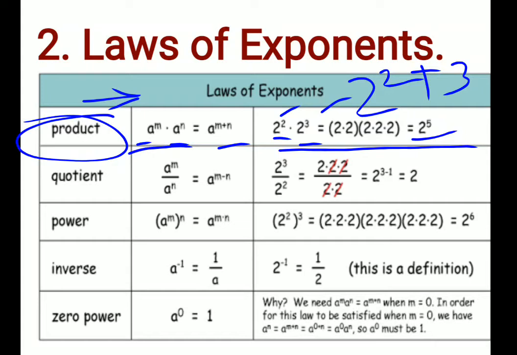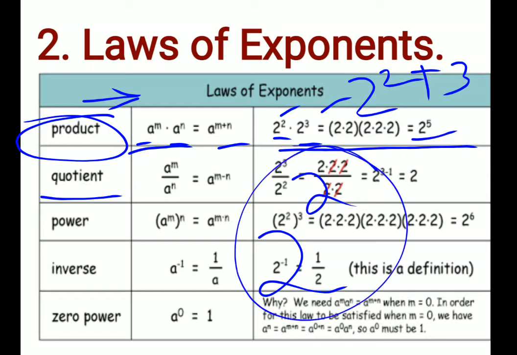This is the first law of exponent. Now in point number 2, whenever any exponential form is getting divided, I have used the term exponential form. This 2 square, 2 to the power 2, is the exponential form because it has got the exponent.